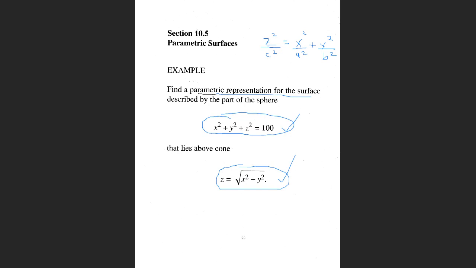And of course, if a, b, and c were all equal to 1, then z squared will equal x squared plus y squared.